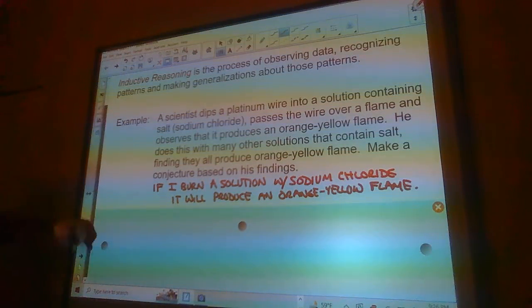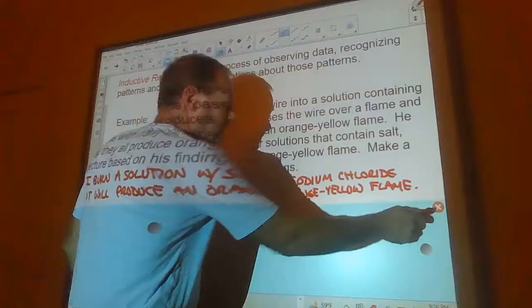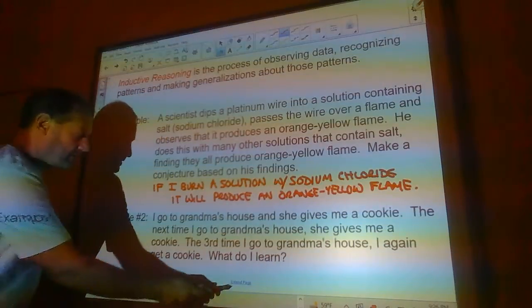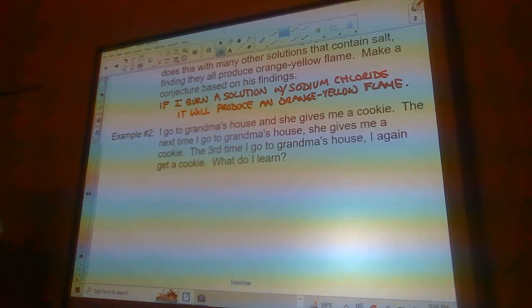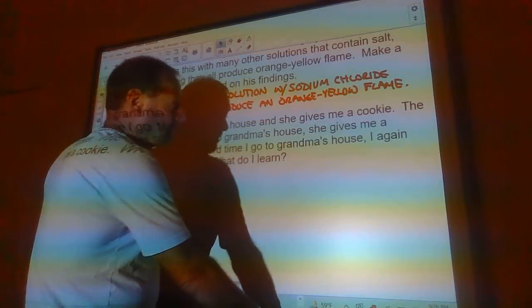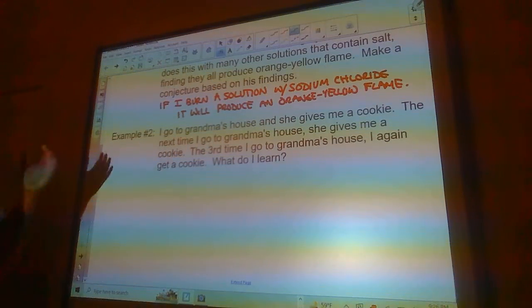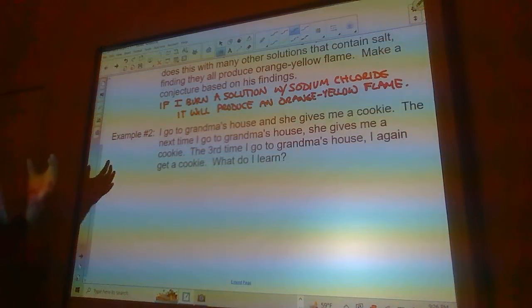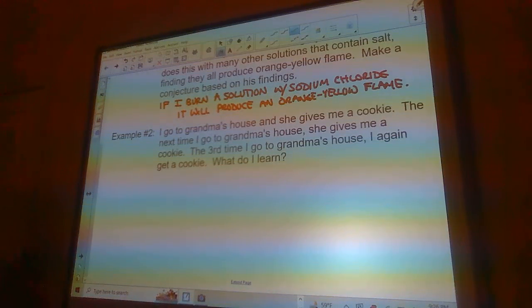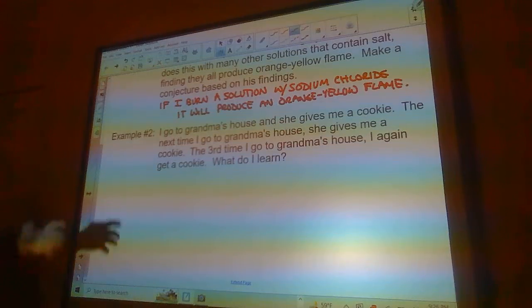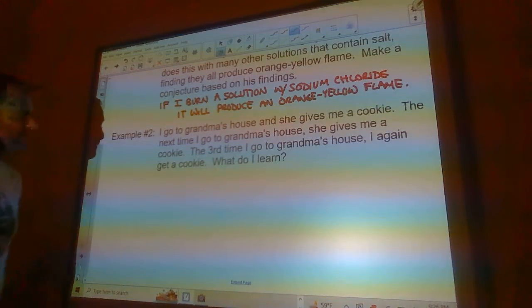Here's one that you might have found out when you were a little kid. I go to Grandma's house and she gives me a cookie. Then I go to Grandma's house another time and she gives me a cookie. And I go to Grandma's a third time and again I get a cookie. What do I learn?